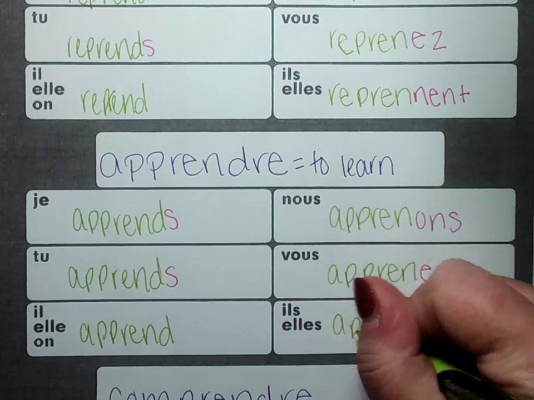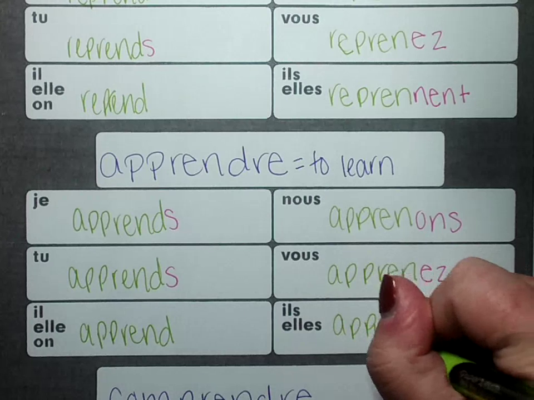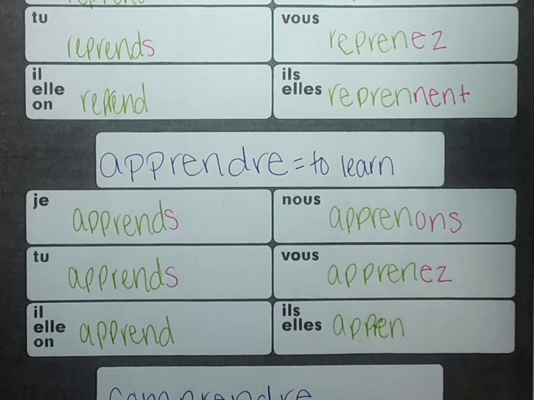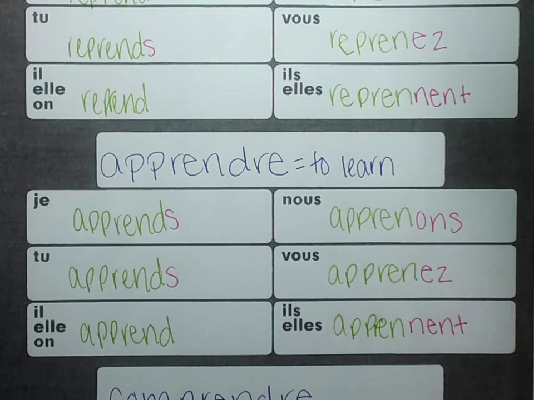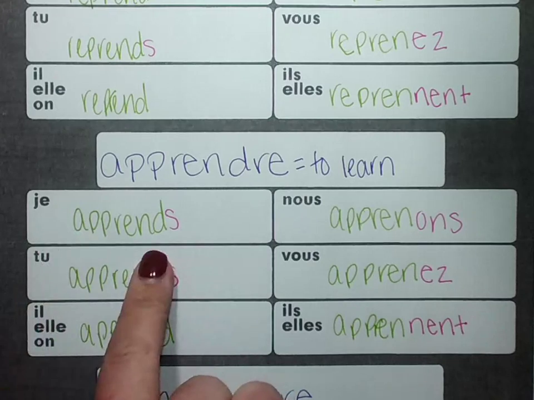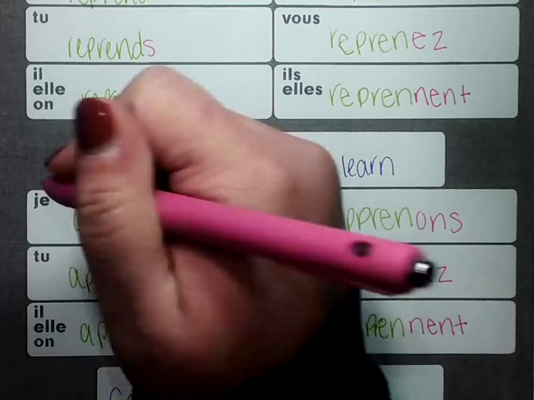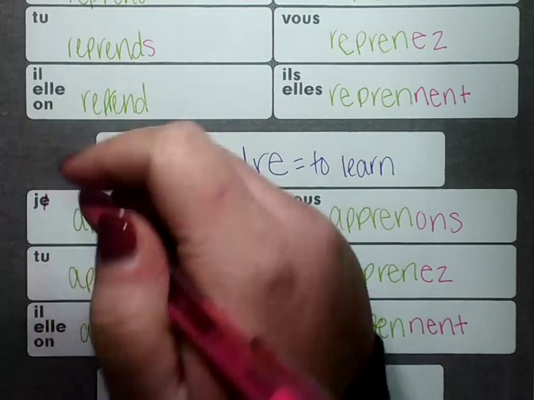And the last one for ils and elles. Write your stem, double your N, add E-N-T. So we have je apprends. Remember when we have those two vowels together, we get rid of this E and it becomes an apostrophe.